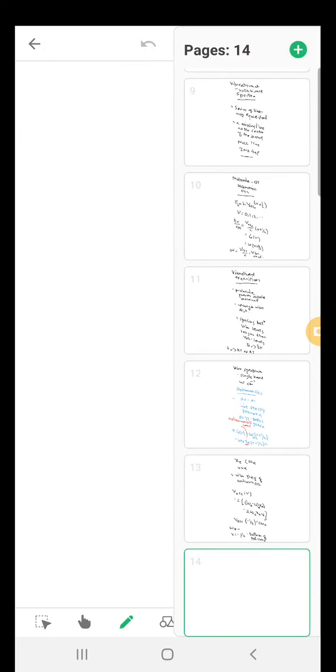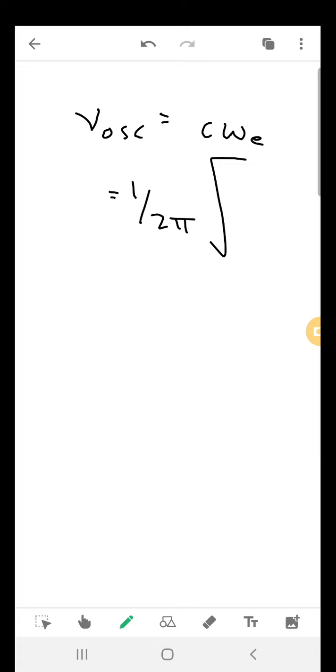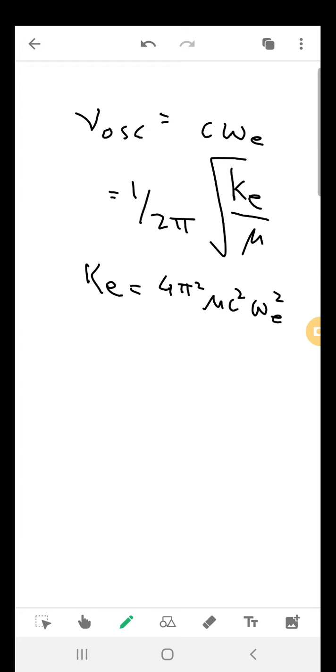So omega_e is equal to 1 by 2 pi square root of Ke by mu, or Ke is equal to 4 pi squared mu c squared omega_e squared.